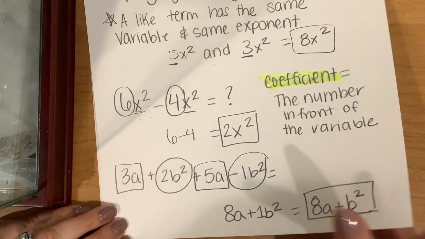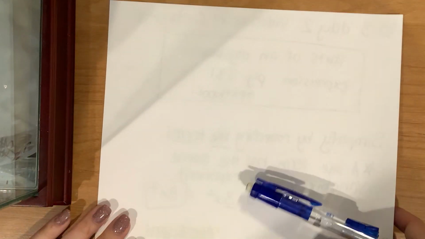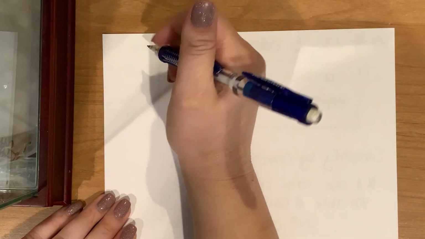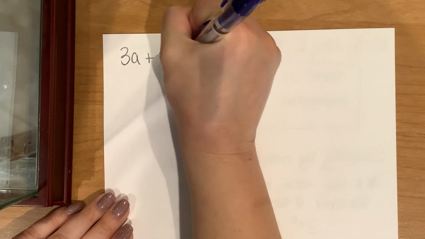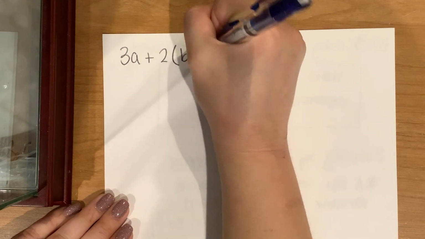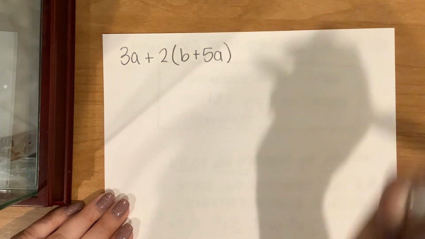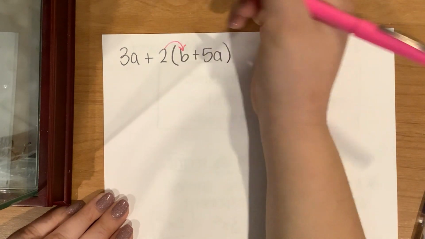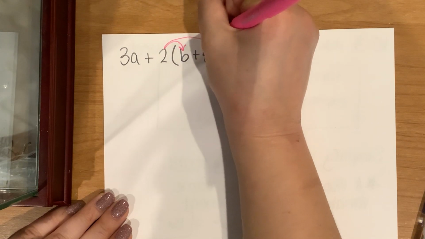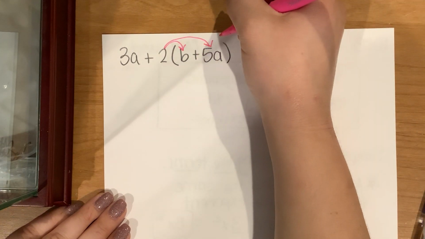Let's look at one where we get to use the distributive property. Let's try 3a plus 2 times the quantity of b plus 5a. Now I need to use my distributive property to distribute my 2 and apply it to the b through multiplication and also to the 5a.